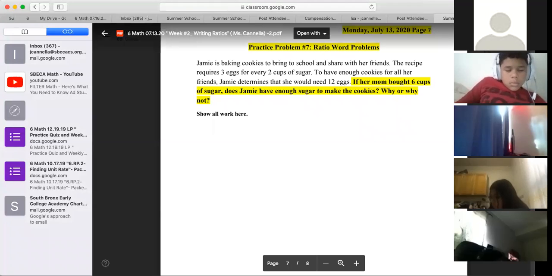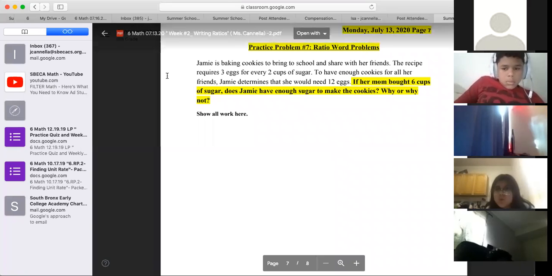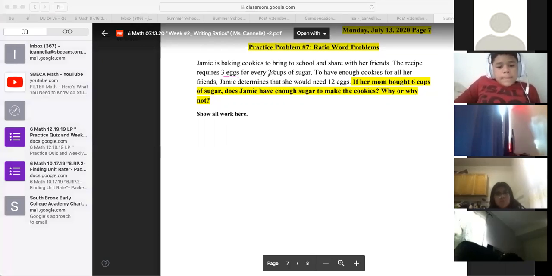Who's reading this? Yes, I will. Go ahead. Jamie is baking cookies to bring to school and share with her friends. The recipe requires 3 eggs for every 2 cups of sugar.